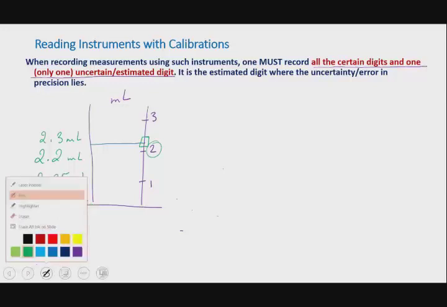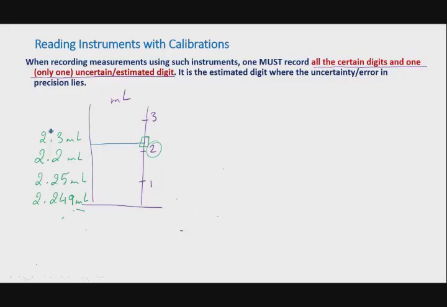According to the rules, we must report all the certain digits. So if the graduated cylinder has calibrations as shown, then this is a certain digit. There is no certainty about this digit. But the next digit, given the calibrations, is an estimated digit.